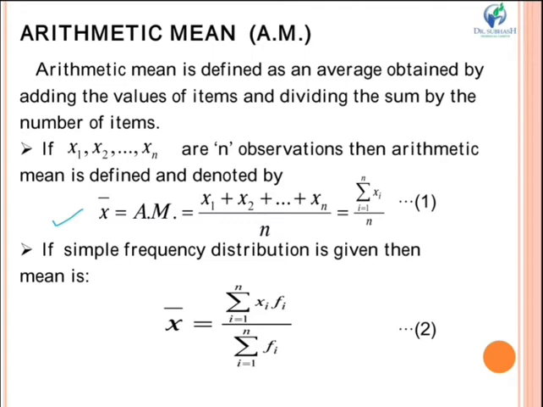Symbolically, we denote it by summation xi upon n. Next is when frequency distribution is given. That is when only fi and xi are given to us, then mean is defined by x bar equal to summation xi fi upon summation fi.